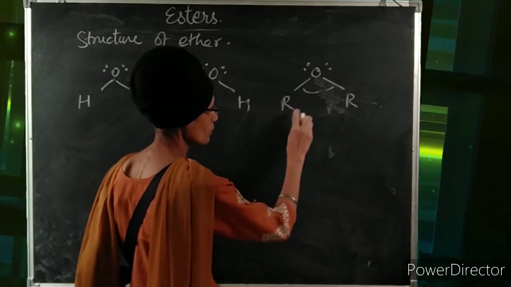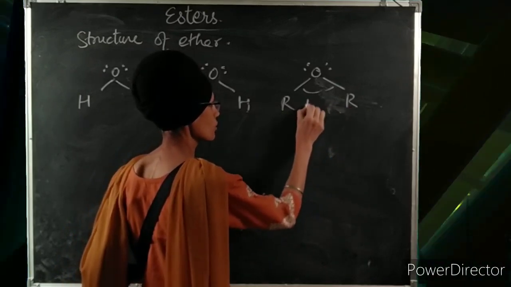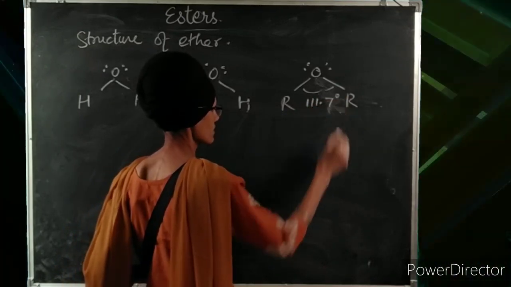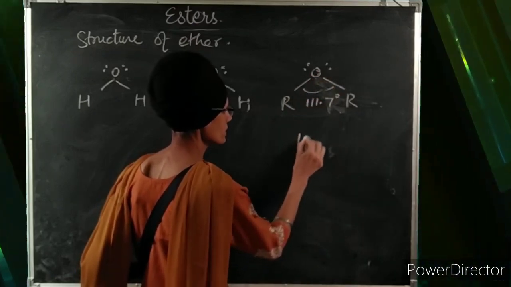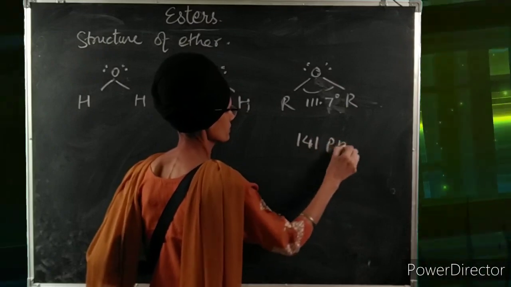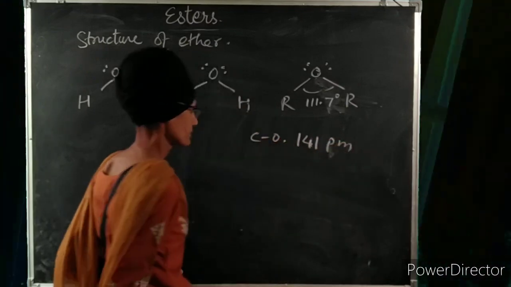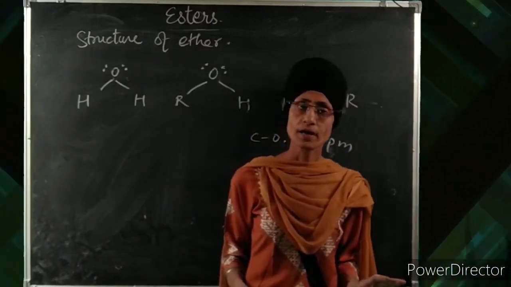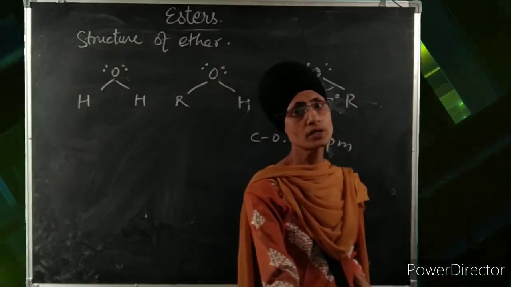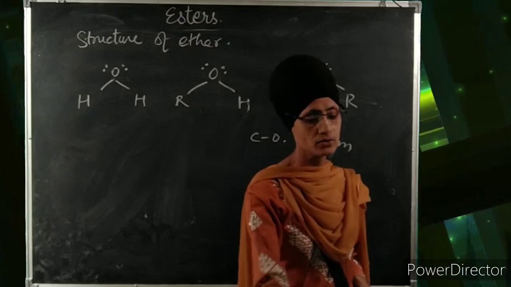In case both R groups are methyl groups, this bond angle is found to be 111.7 degrees. The carbon oxygen bond length in ethers is found to be 141 picometers. As the R groups become more and more bulky, the bond angle will increase due to steric hindrance.